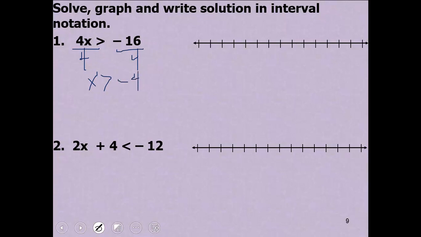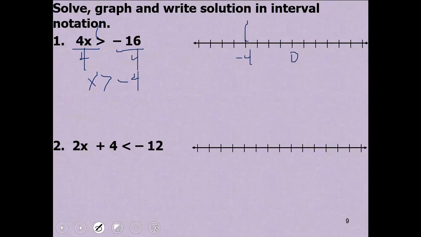This inequality symbol does not have the equals portion to it, so that means I'm going to use a parenthesis. All right? So here's 0, here's negative 4. I have to use a parenthesis, and I want everything that is greater than negative 4.